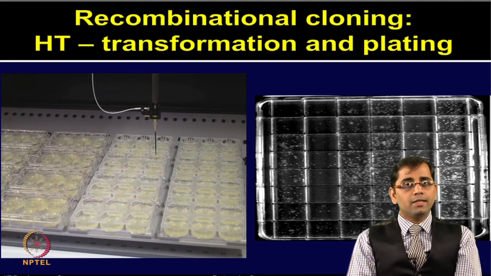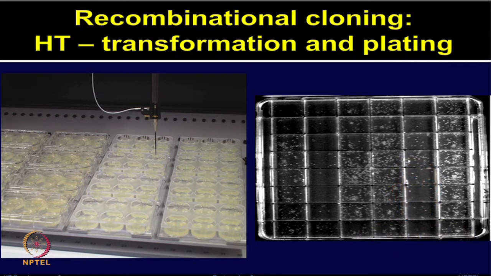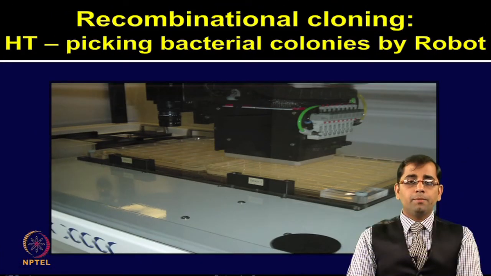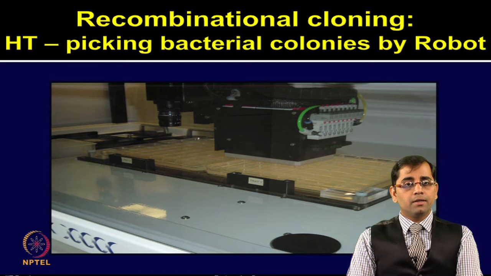By using a robotic system, one can easily pick the bacterial colonies without touching the neighboring clones. Therefore, single colonies can be picked with much more accuracy by using this automation system. The bacterial colonies can be picked by such robotic systems, which increases the efficiency of the process and reduces contamination.